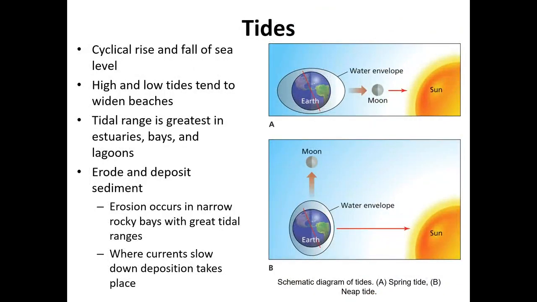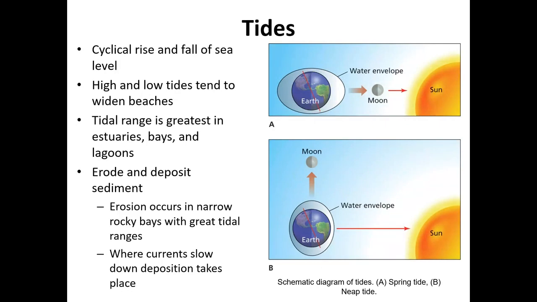So tides are caused by the moon and the sun, and gravity from the moon and the sun, specifically the moon, but to a lesser degree the sun. And they are basically a cyclical rise and fall of sea levels. You have to get tide charts to know when an area is going to have a high tide or low tide, but generally they have two high tides and two low tides in roughly a 24-hour period.